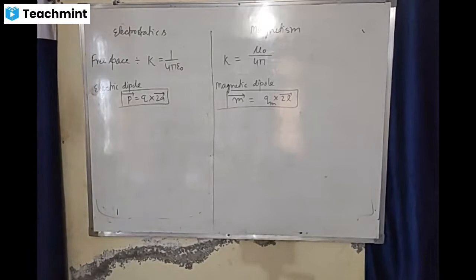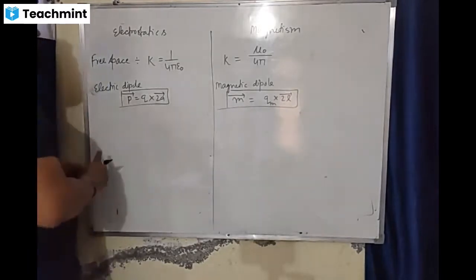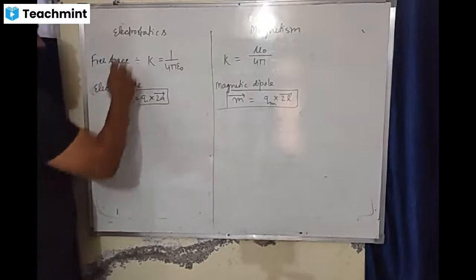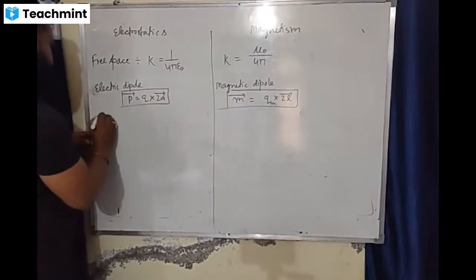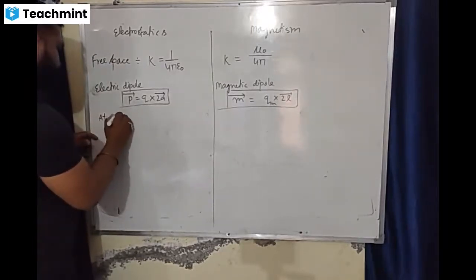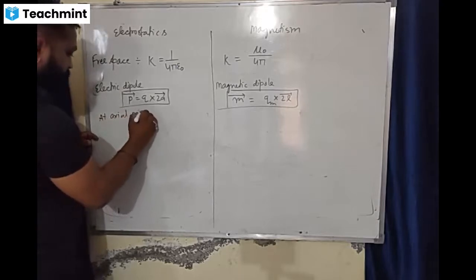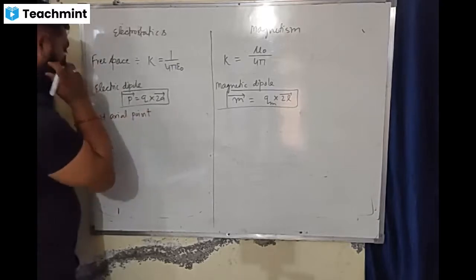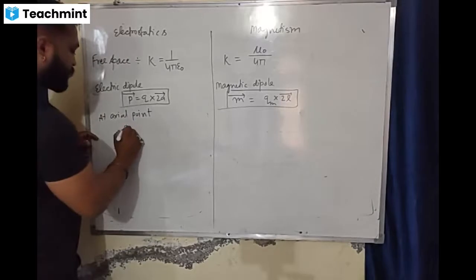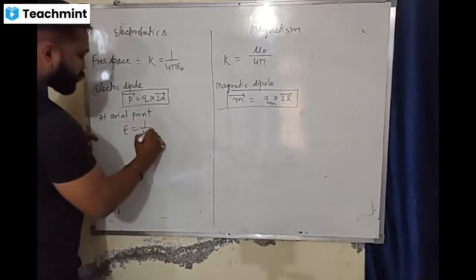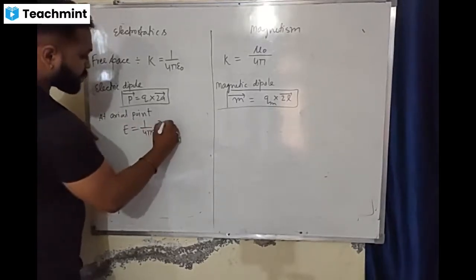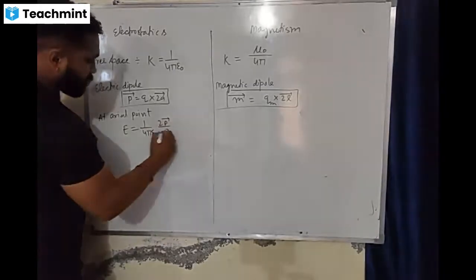And another similarity: if we need to find the electric field at the axial point due to a dipole in electrostatics, at the axial point the electric field is 1 upon 4 pi epsilon naught times 2P vector upon r cube.